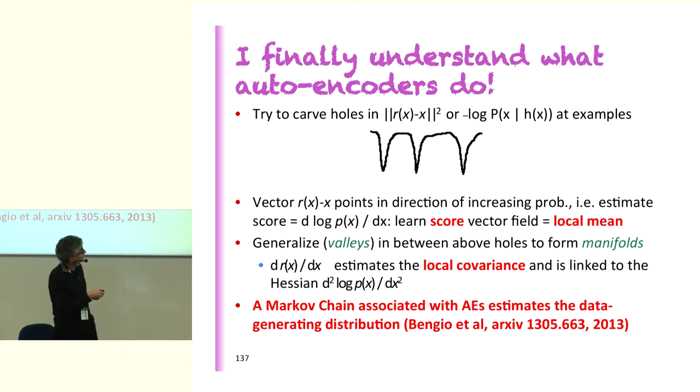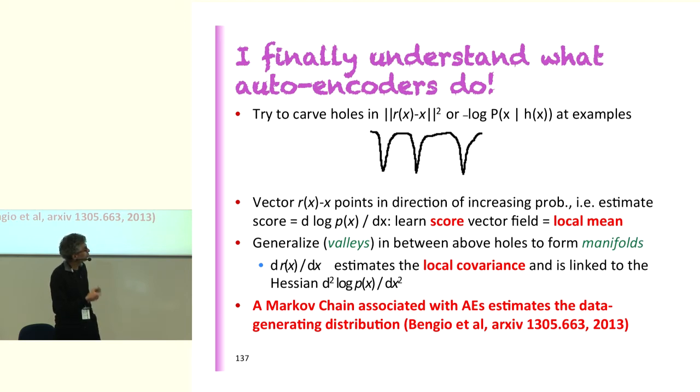The other thing we've learned is that if you take this reconstruction vector, in the case of squared error, and subtract the input, this vector points in the direction of increasing probability. So I'll have a picture to illustrate that, and hopefully it will become clear. And we can prove that.